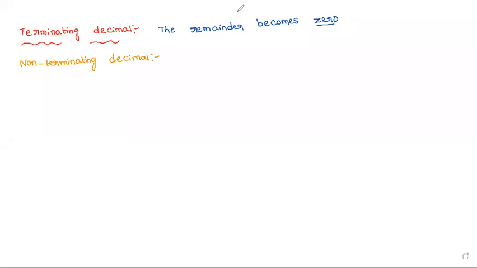The remainder never becomes 0. If the remainder is not 0, then it is called a non-terminating decimal.